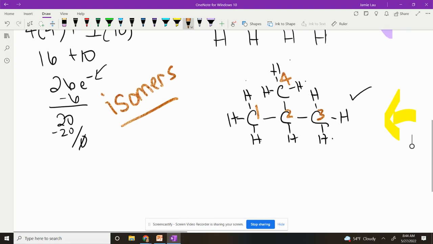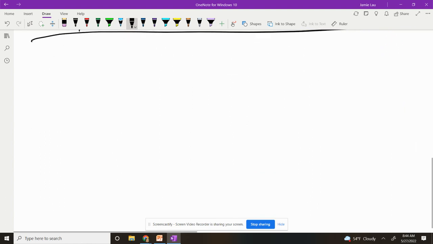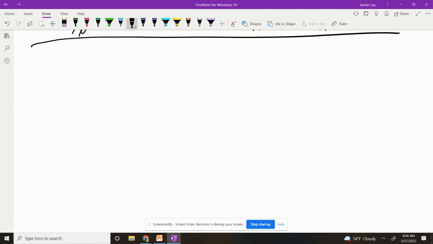So if I look at another example of this, I'm going to look at C5H12. I would at this point encourage you to pause the video to try to write at least one of these structures on your own.